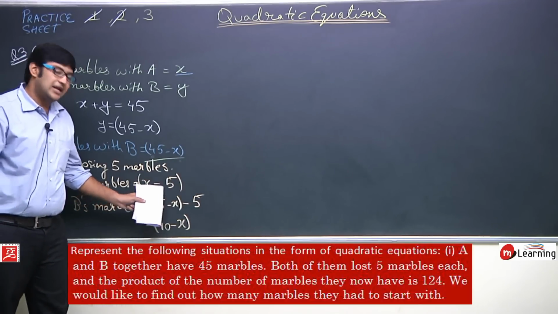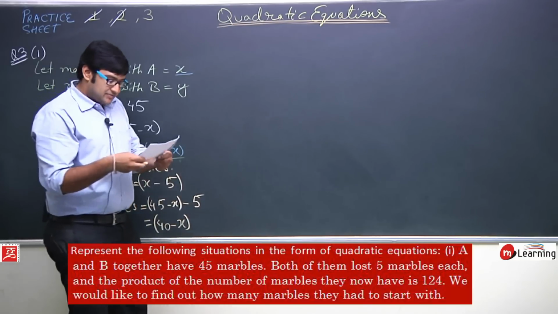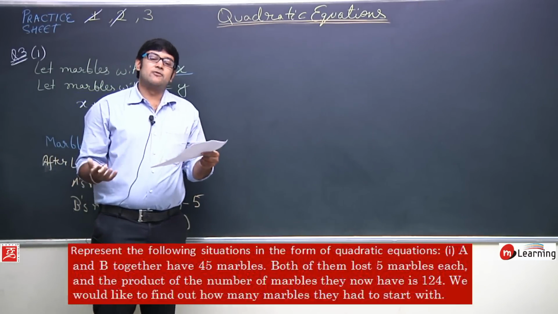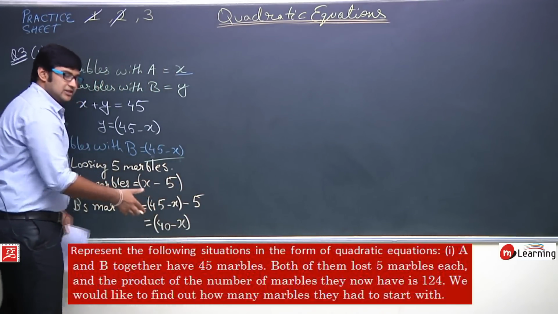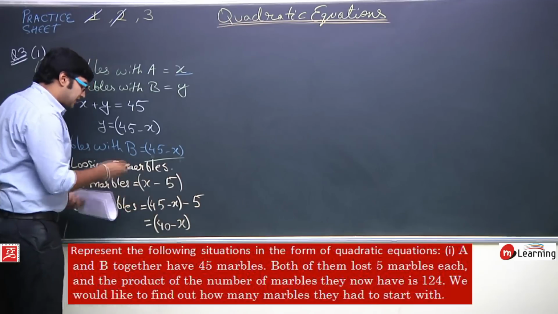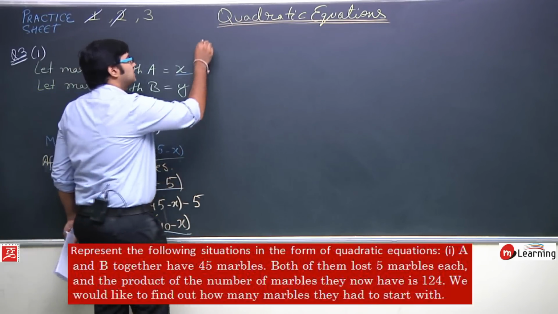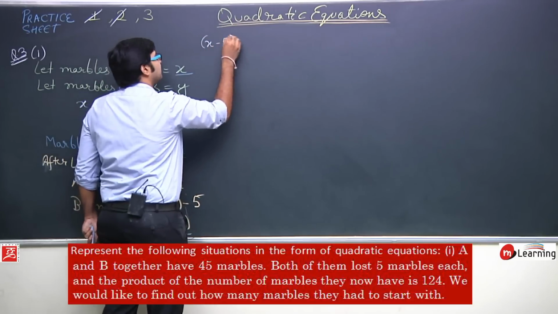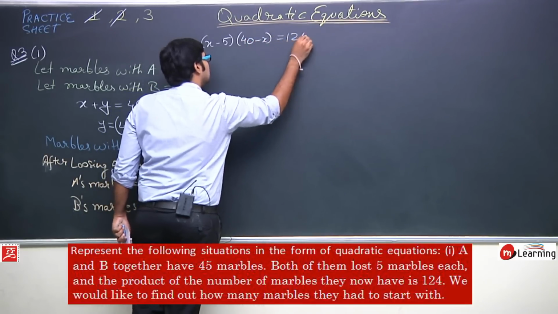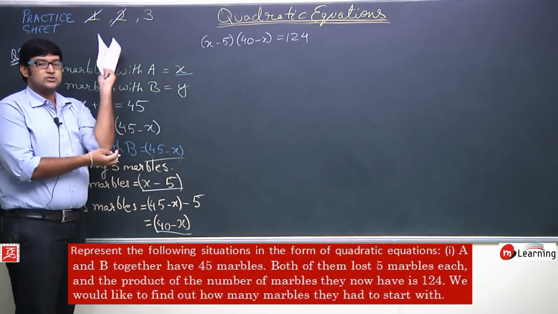This is what A has, and this is what B has. Now it says the product of the number of marbles they now have, after losing 5 marbles, is 124. So the product is x minus 5 into 40 minus x is equal to 124.